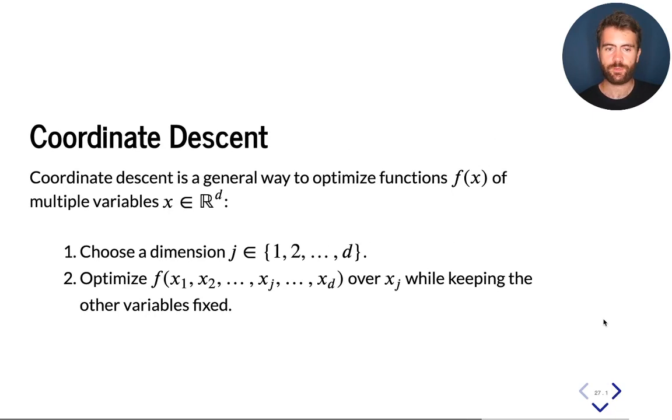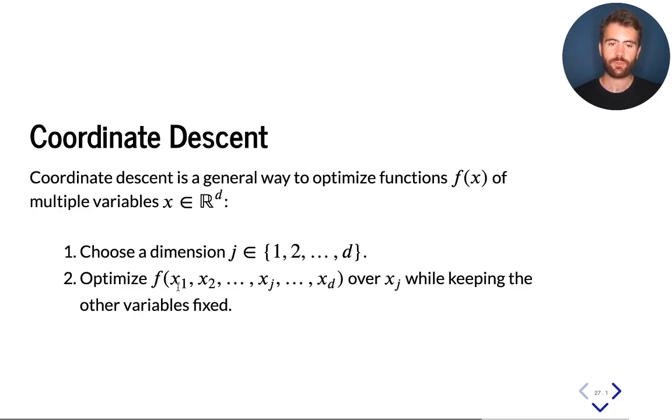One such approach is based on an idea called coordinate descent. Coordinate descent is a general way of optimizing functions of multiple variables, and the idea is really simple. We perform the following two steps over many iterations as long as the function is being optimized. Essentially, we start with this function f, we choose a dimension, call this j, and then we optimize f over only this single dimension xj while keeping all the other dimensions fixed.